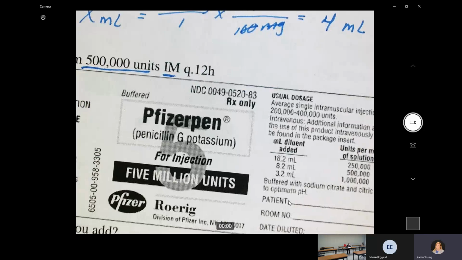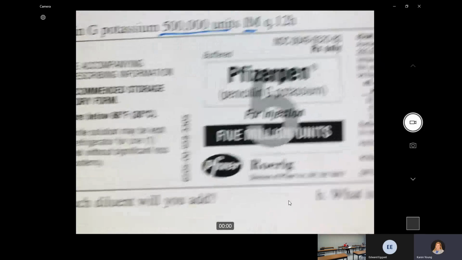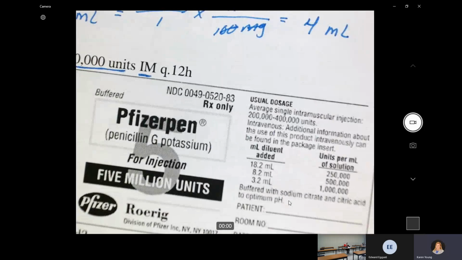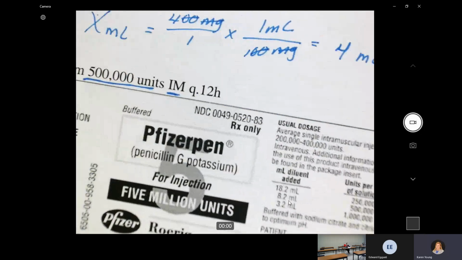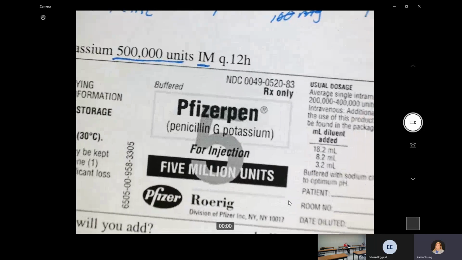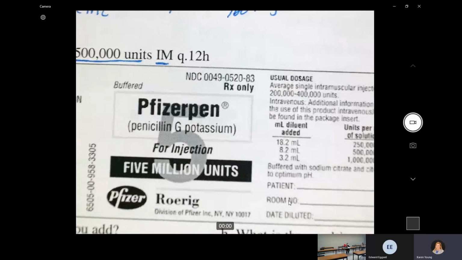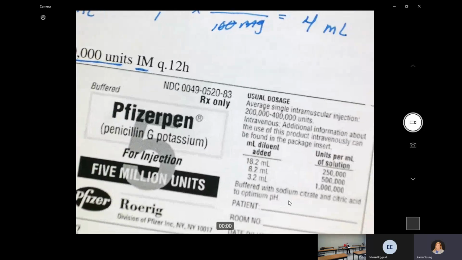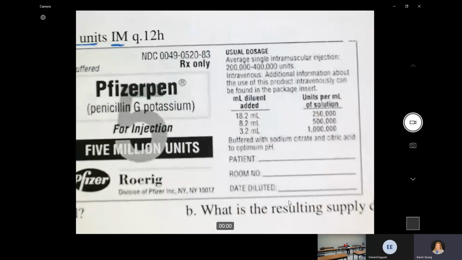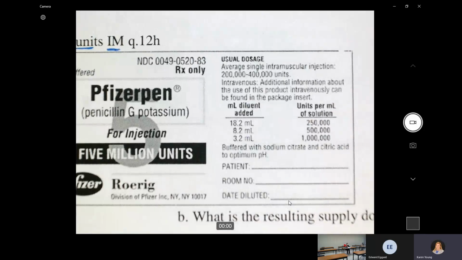Y'all choose the one you want to choose. Don't worry about anybody else. Y'all are just going to have to write down the 500,000 units or ask when you get there.